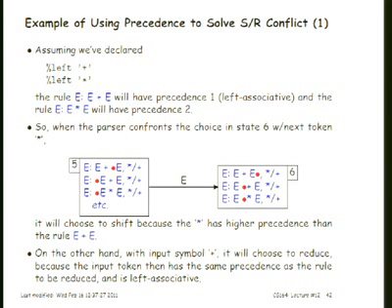That is, there are sentences in this language where the right thing to do at this point is to convert the E plus E into an E.